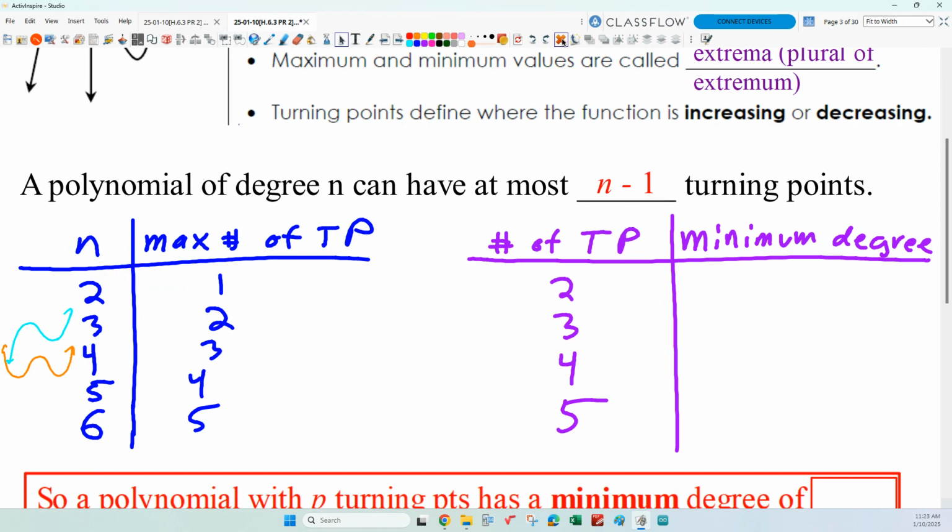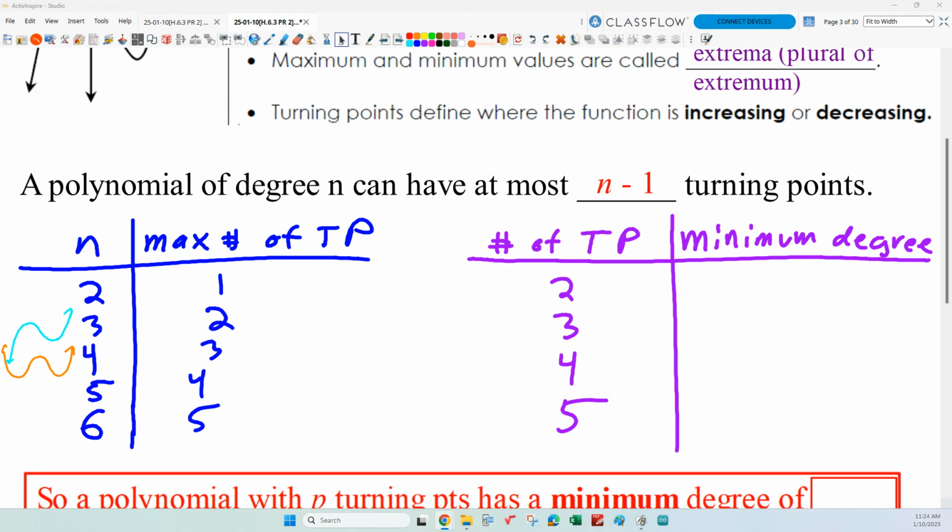Okay, let's play a different game. This time pretend I've given you a graph of a polynomial and you're looking at it. I want you to tell me the smallest degree that graph could be.